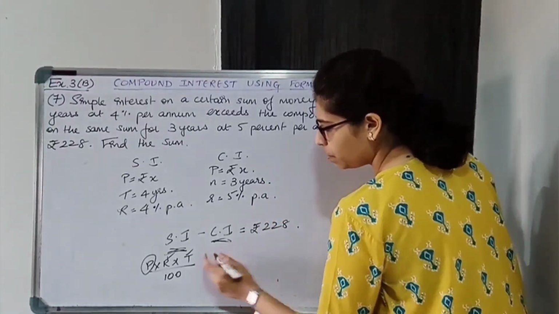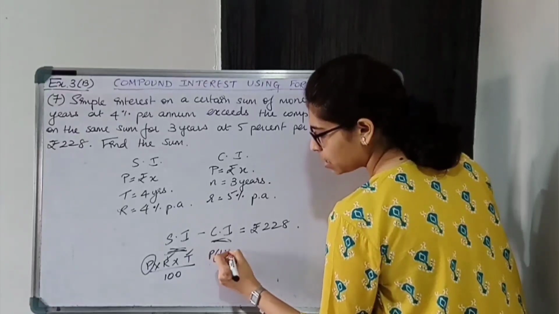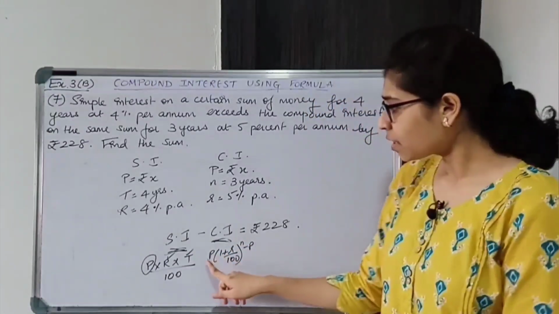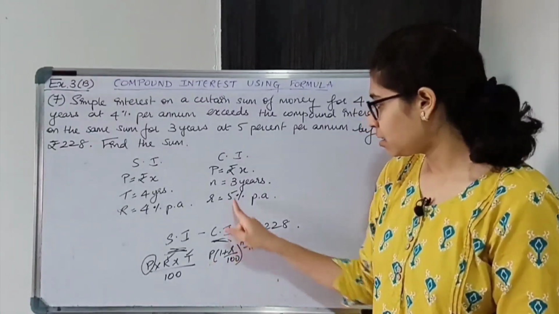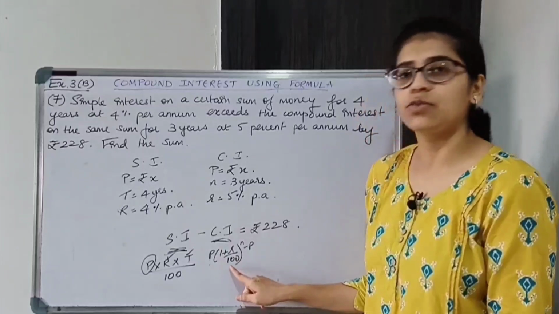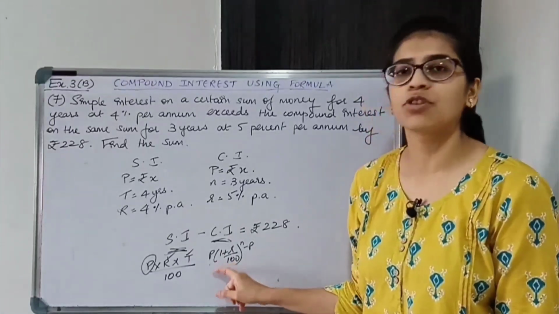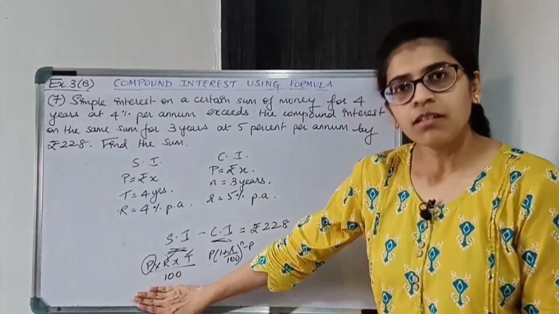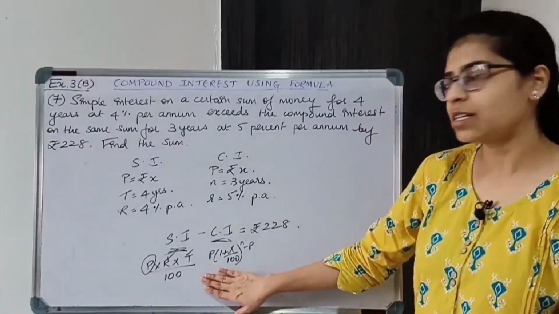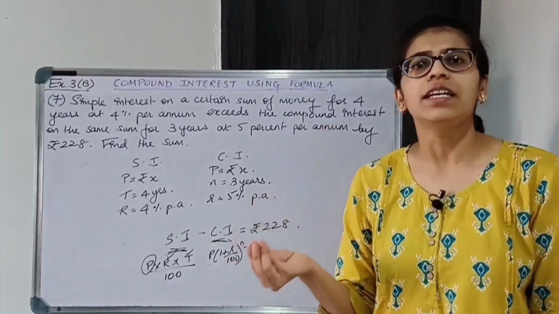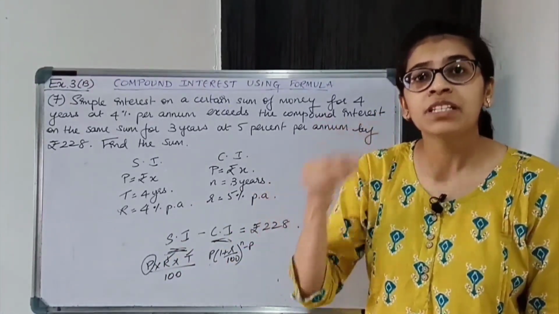So it will be P into 1 plus R upon 100 raised to n minus P. P is x, R is 5 and n is 3. We'll just substitute the values and we'll again get the answer in terms of x. So we'll get something into x is equal to 228. On solving this, we'll easily get the value of x, that is the principal.